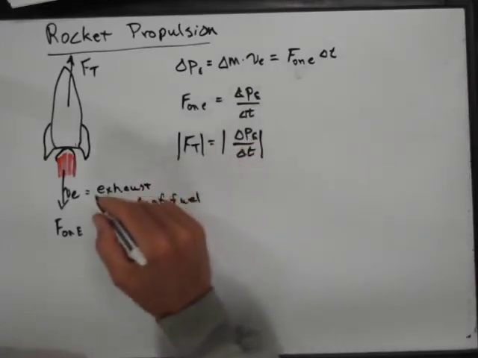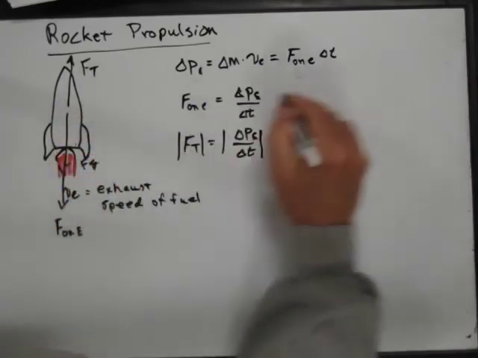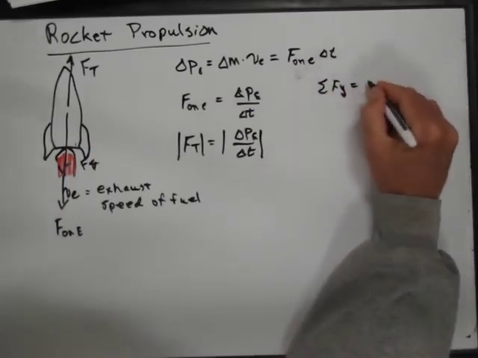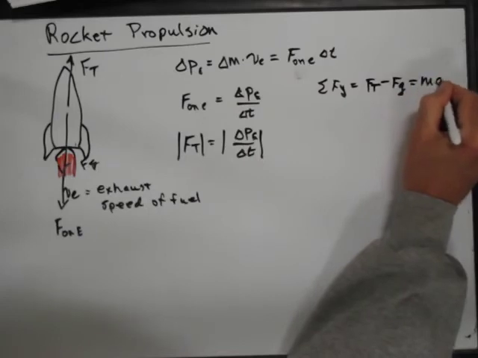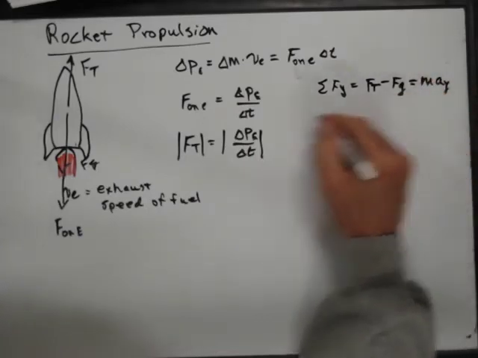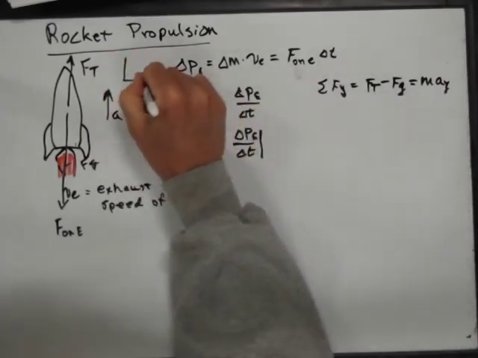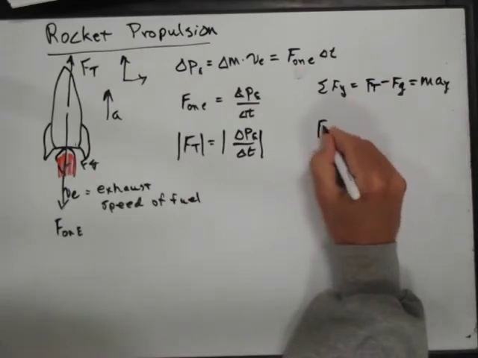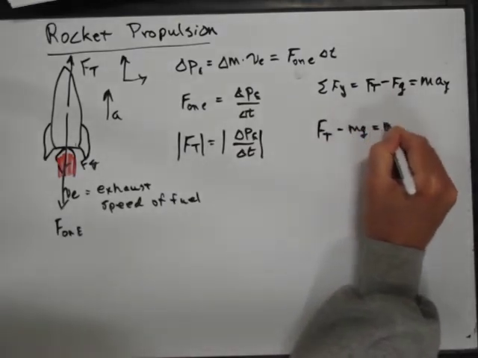And so I also have a force of gravity on this rocket, Fg. If I do the sum of the forces in the y direction on the rocket, I get the thrust force minus the force of gravity is equal to the mass times the acceleration in the y direction of the rocket, but that's just the acceleration of the rocket, right? That gives me the thrust force minus mg is equal to ma.